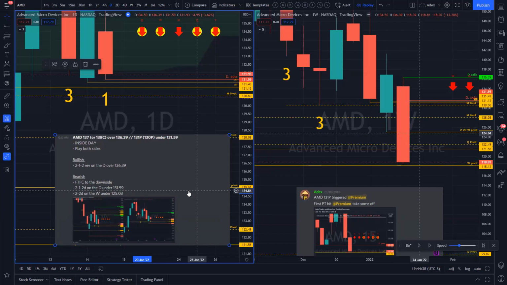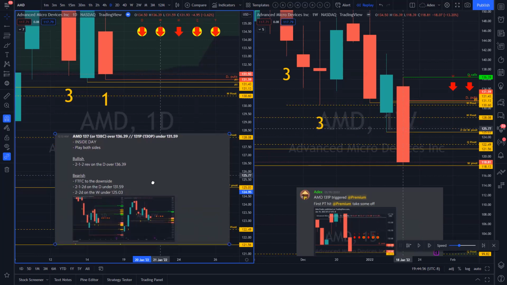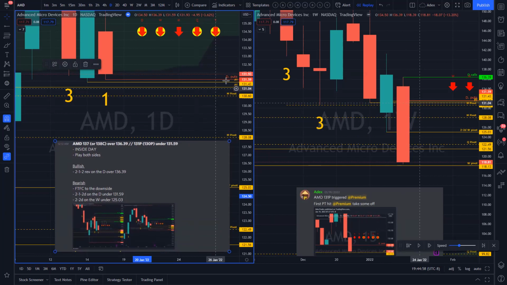Remember, this is a Monday. If we have full time frame continuity to the downside and AMD triggers the daily entry, what is the likelihood that AMD could trigger the weekly entry to go 2 down on the week?